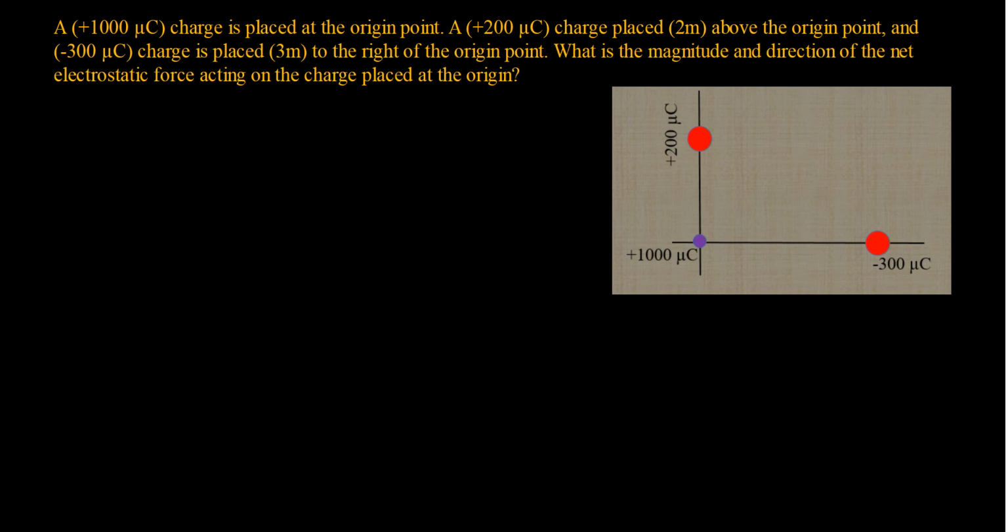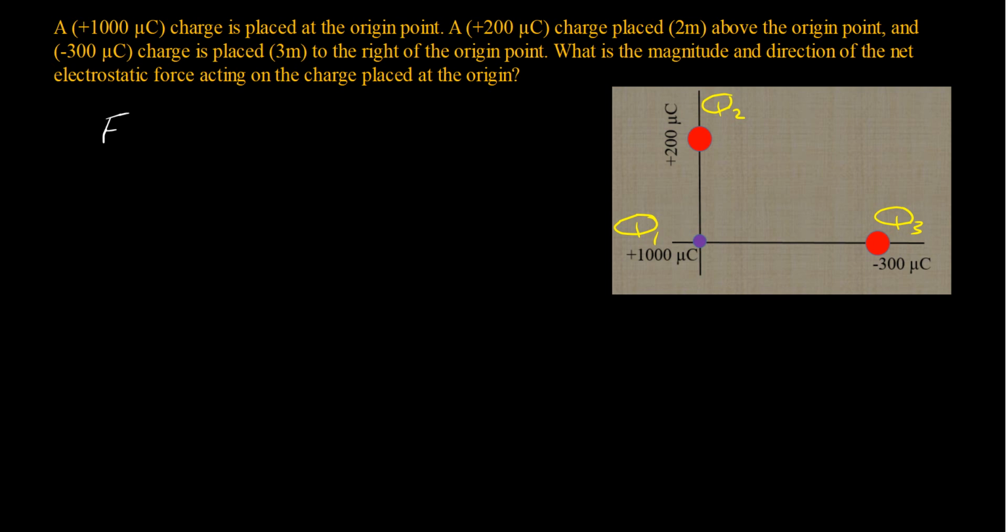So just to make things simpler, I will call the 1000 microcoulomb Q1, this one will be Q2, and this one here will be Q3. Now let's start calculating every single force generated by every single charge.